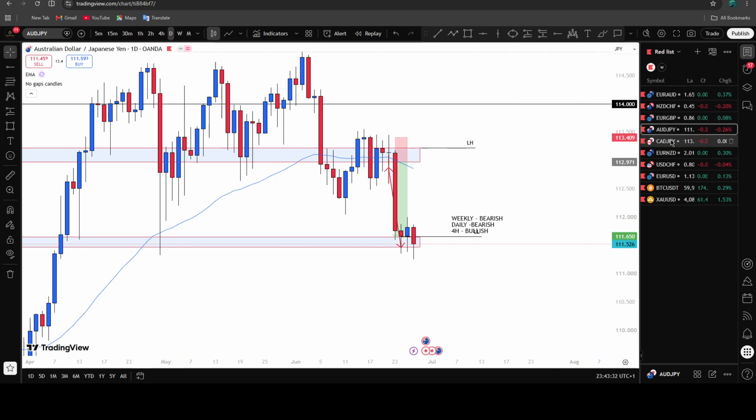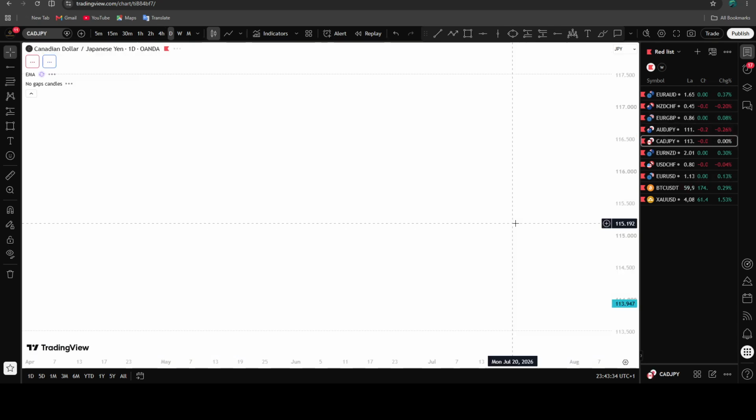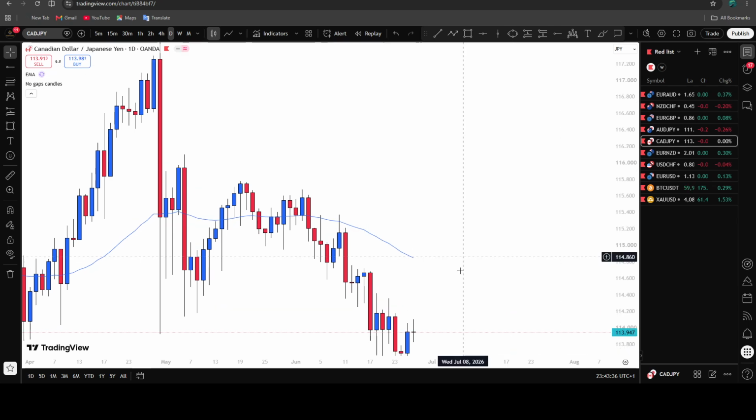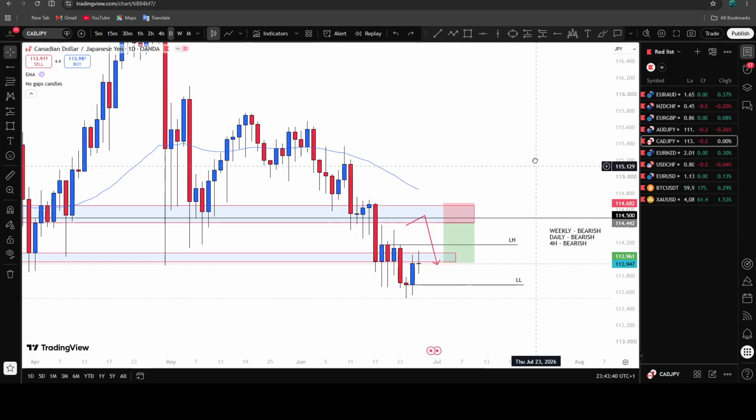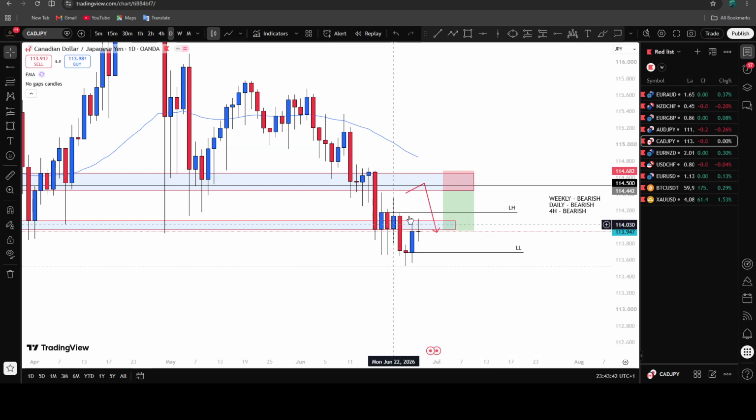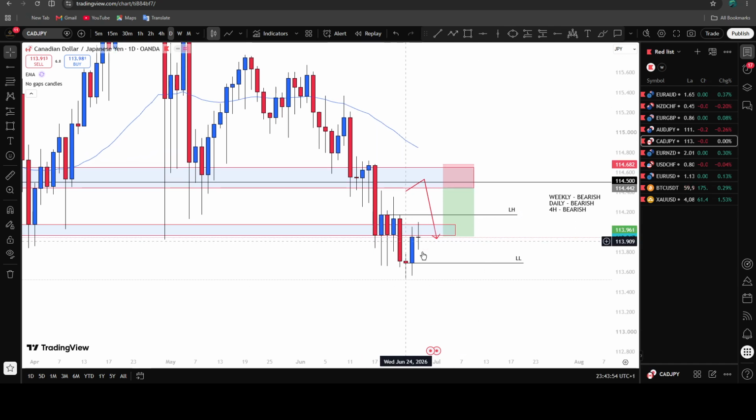Next is CAD JPY. CAD JPY never came back to my area of interest. So CAD JPY price was here. This was the lower high and this was the lower low. What happened is that I normally update the lower low and the lower high every time it creates a new structure.